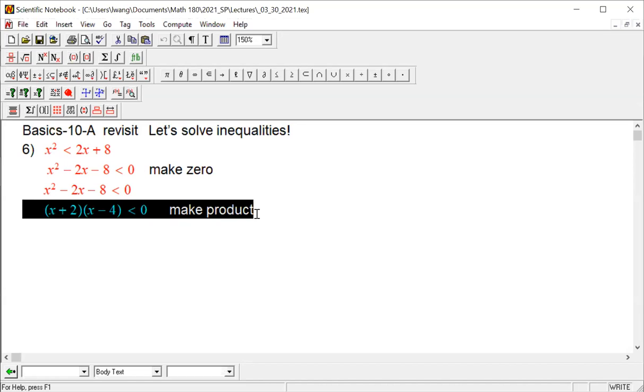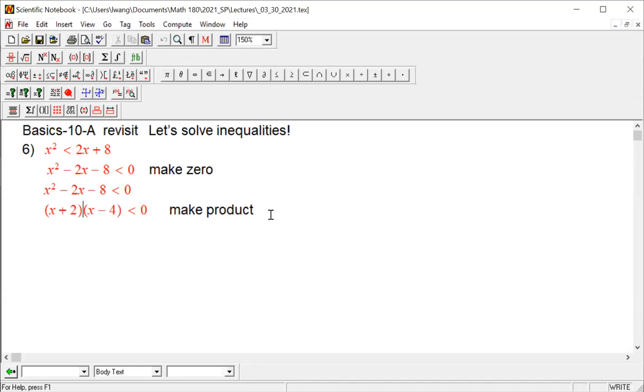By making product, I'm setting myself up to use principle number 5 and principle number 6. Remember the method we talked about for number 1 is using principle number 5, or principle number 6, right? So basically we see this as a product A times B less than 0.